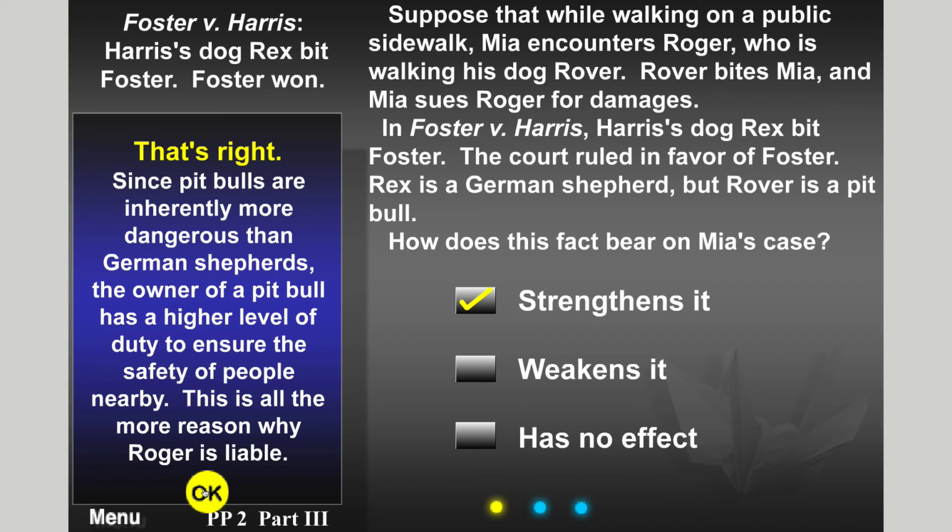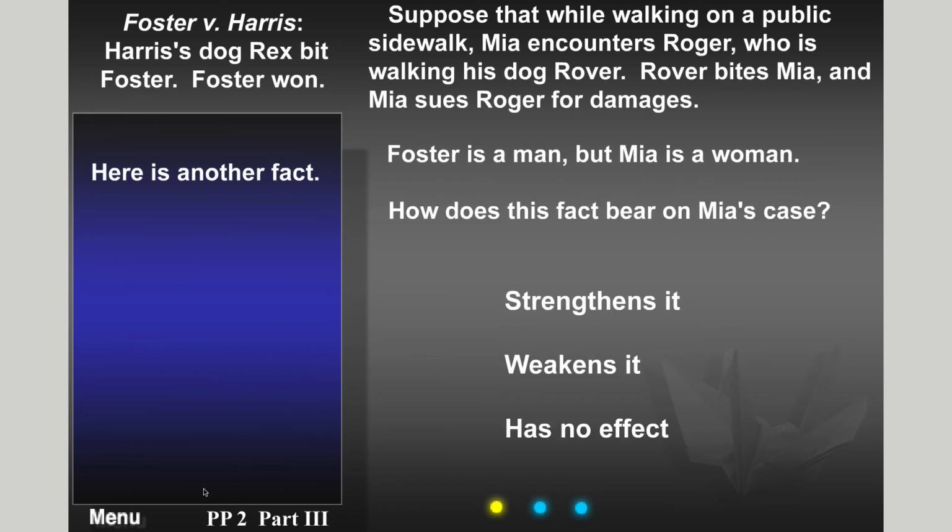And in the same way you might expect people to operate their car. A DUI or DWI is a form of, you can be tried for homicide because of the way you operate that vehicle, right? Okay, so how does this bear on Mia's case? As we said, it strengthens it.